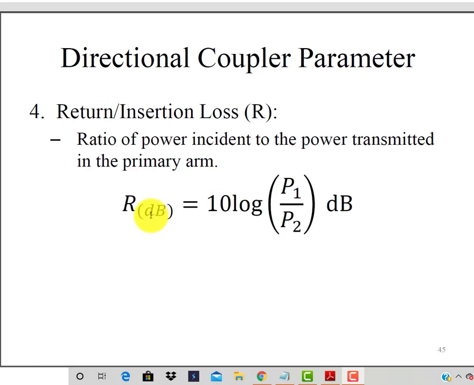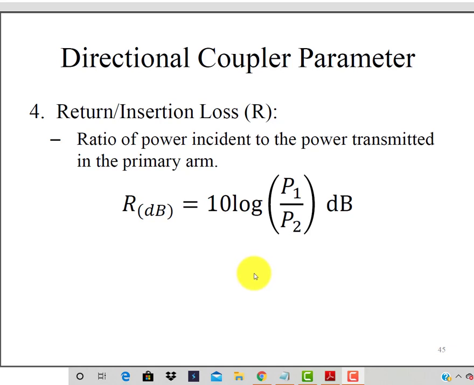And one more important parameter is return loss or insertion loss. For our main waveguide section, we are attaching the auxiliary waveguide. Because of this coupling, is there any introduction of insertion loss?